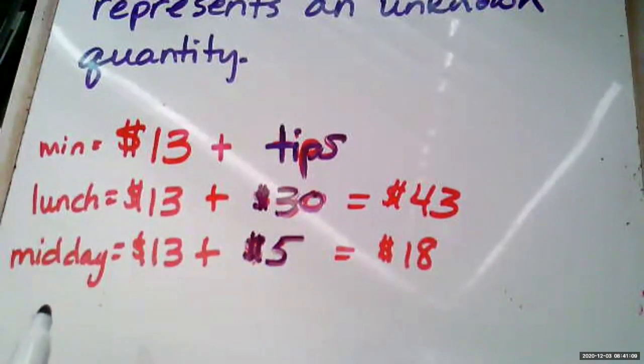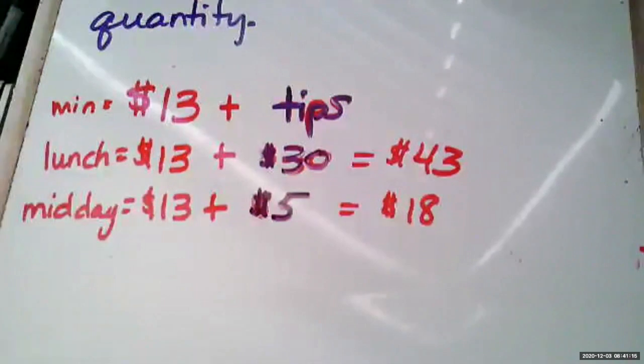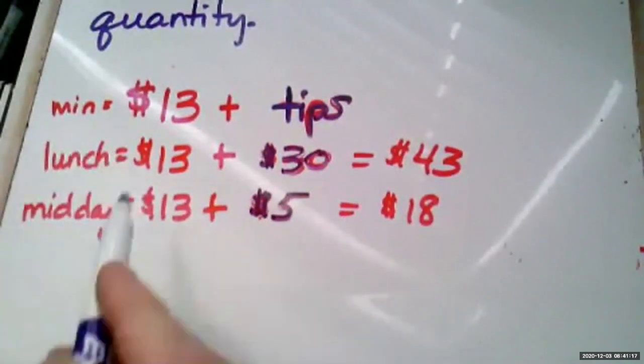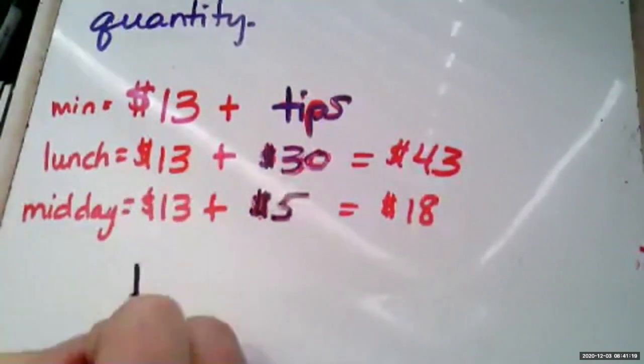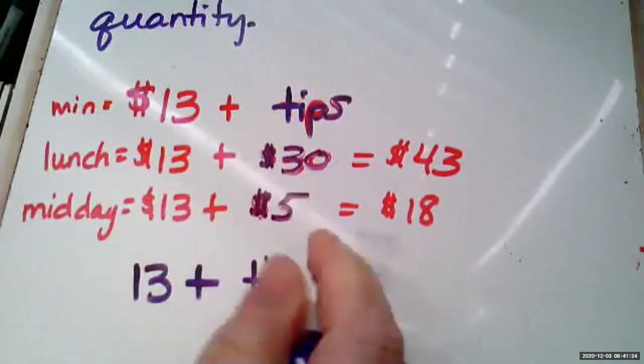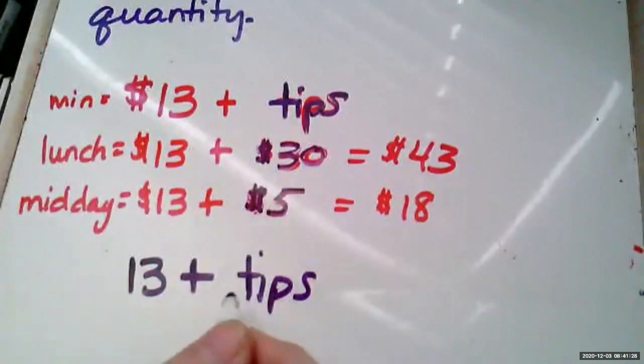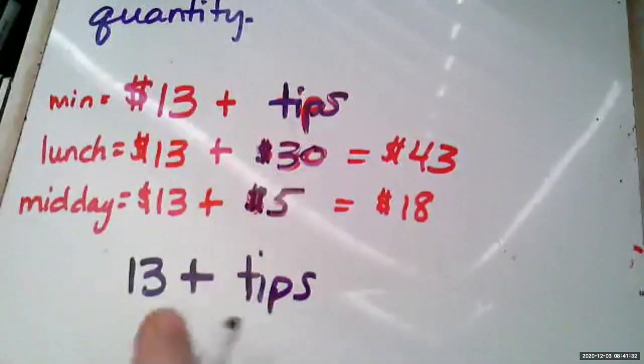You just know it's going to happen at some point. And so in math, we use shortcuts and abbreviations whenever we can. So if I were to say you could get $13 plus tips, usually we just use one letter to represent that whole word of what we're talking about.